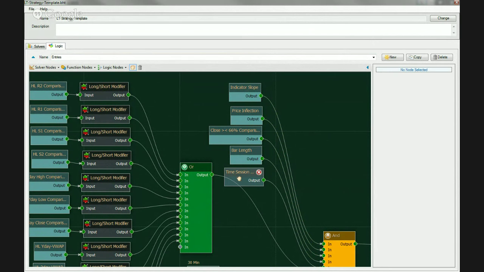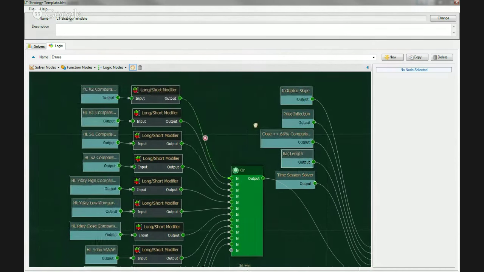And also the time session filter will tell us to only trade within the regular session. So just during the cash market, this strategy here. And then over here, we have the price levels all defined: the high and the low of the second resistance, the first resistance, the first support, the second support, yesterday's high, low, and close.